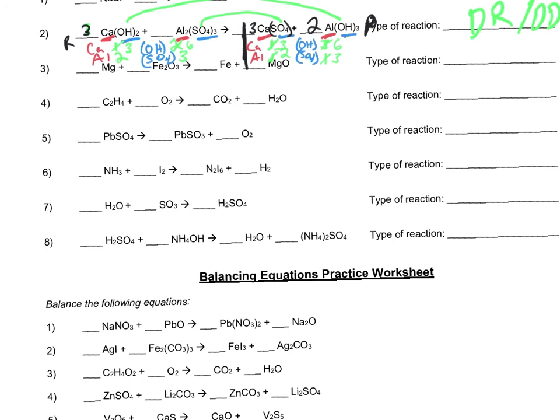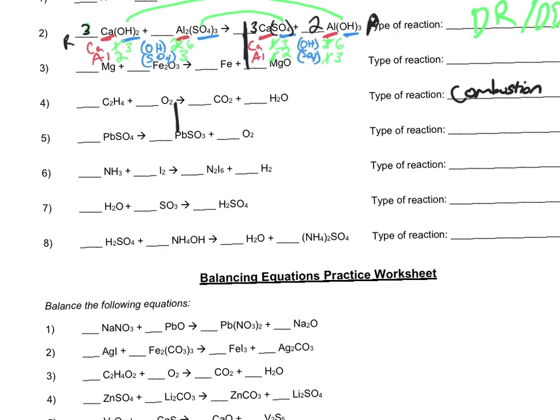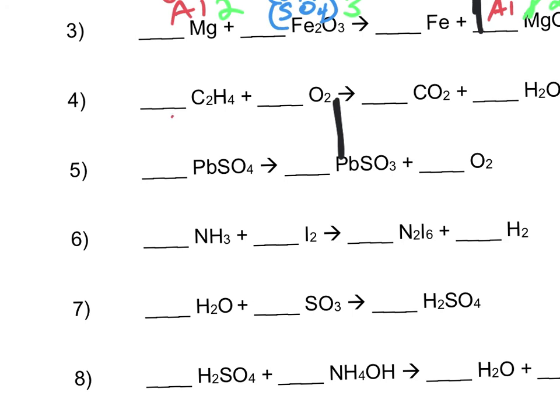More difficult to balance. That is not the tool I wanted. I wanted this. Combustion reaction. Okay, so what I'm going to do is I'm going to separate these out, and I'm going to do like I did before. I have carbon, hydrogen, and oxygen on both sides, and I'm going to simply count.